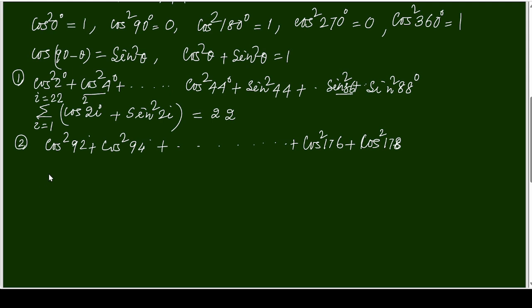Here I will apply that cos 90 plus theta equals minus sin theta, or cos square 90 plus theta equals sin square theta. So cos square 92 I can write as sin square 2, sin square 4.